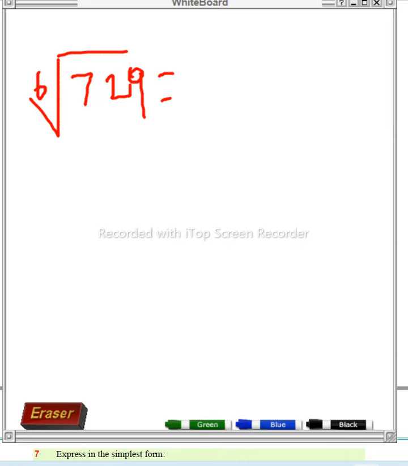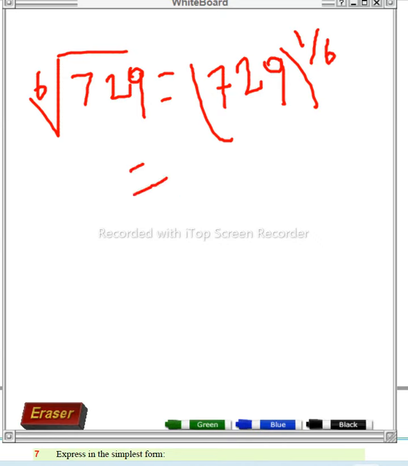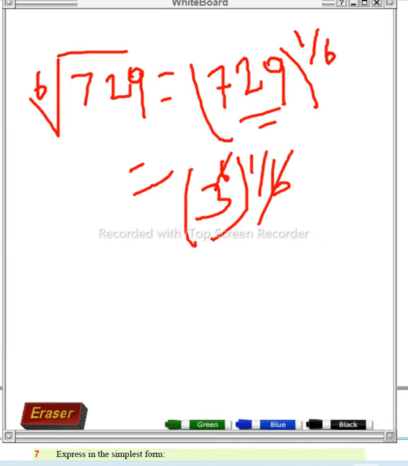This means we can write it in exponent form. The 6th root of 729 means 729 to the power of 1 over 6, and 729 means 3 to the power of 6, and again 1 over 6 here. 6 will be cancelled by 6, so the answer is 3.